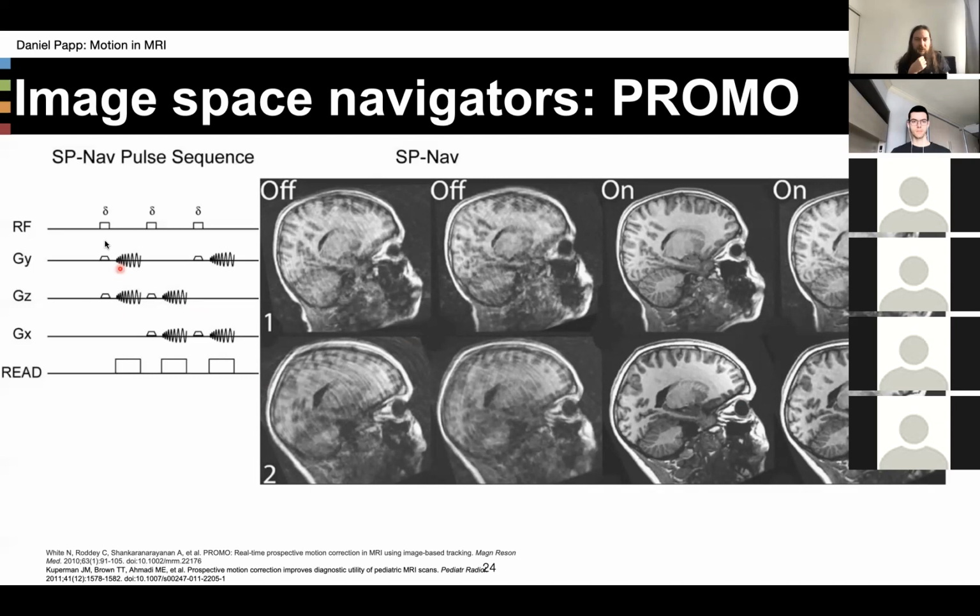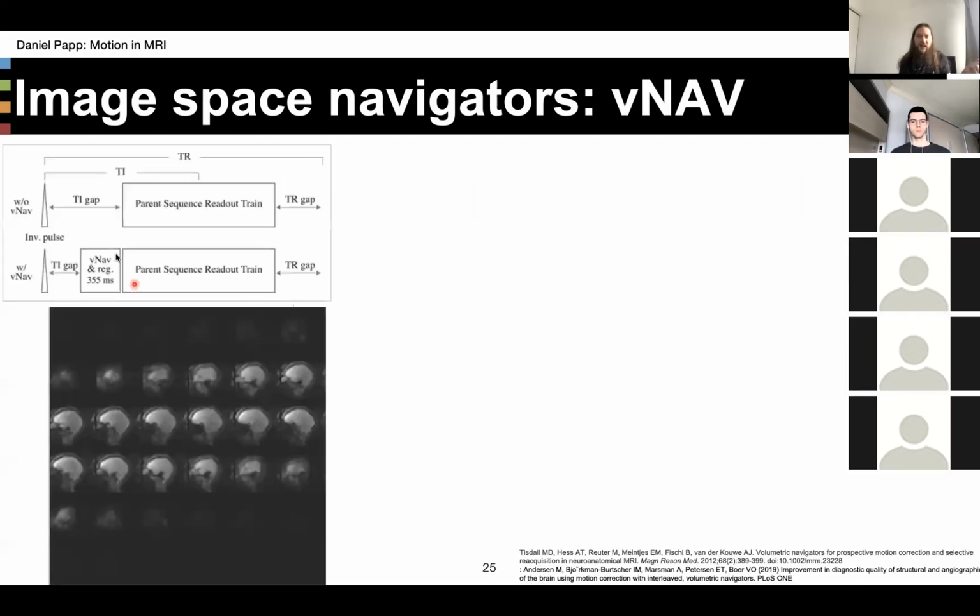You can also just quickly see that this is a spiral readout. So if you play out these gradients, what happens is you go into a spiral through k-space. Next are VNAVs or volumetric navigators. That's where I took this image from.